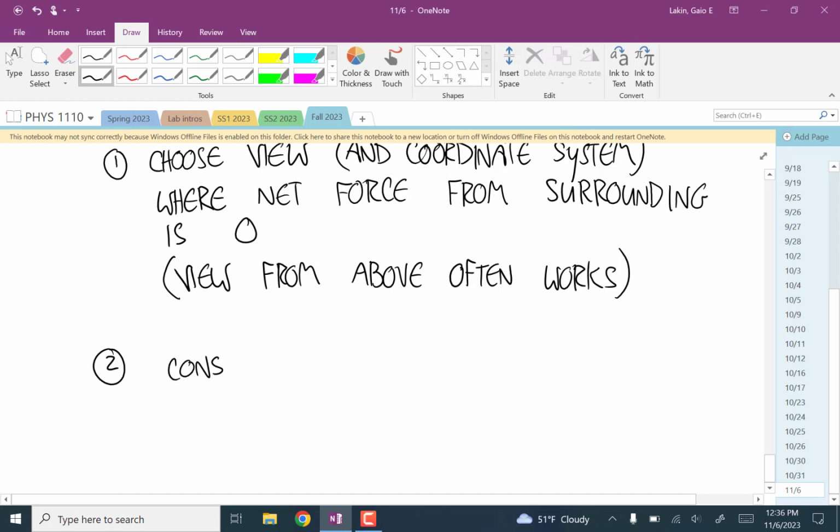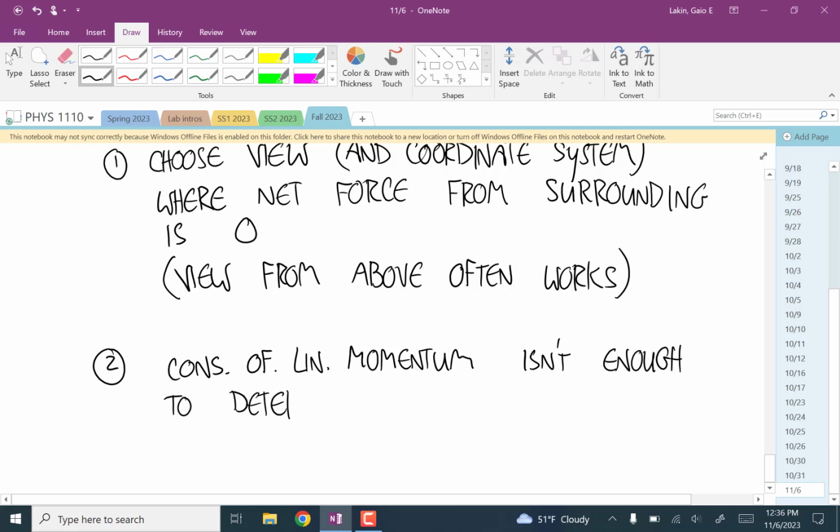Conservation of linear momentum isn't enough to determine final velocities by itself.